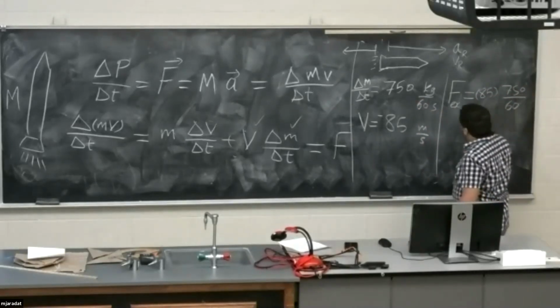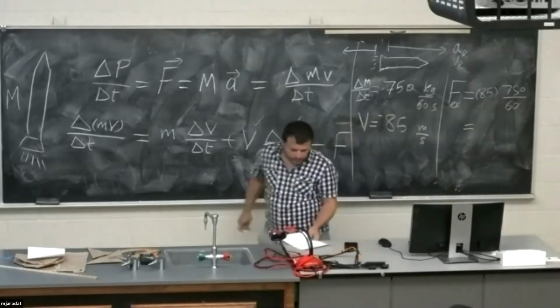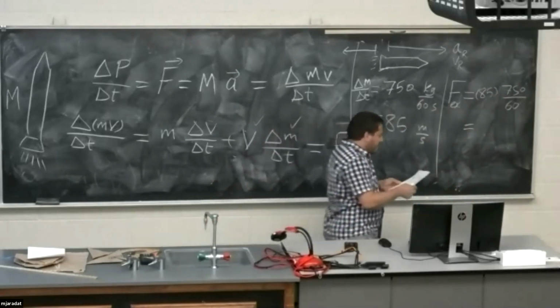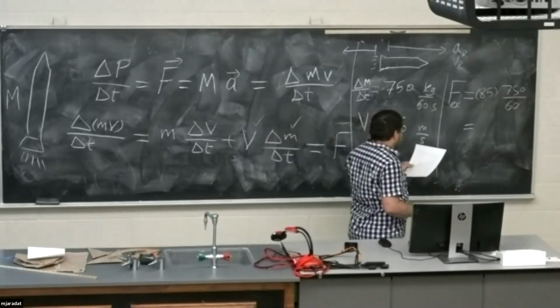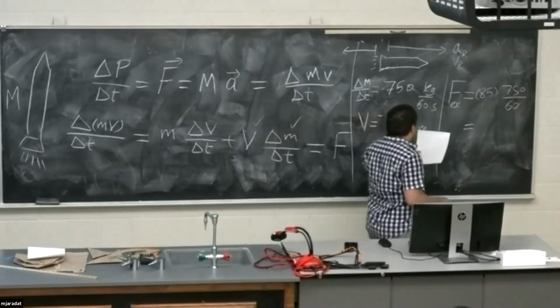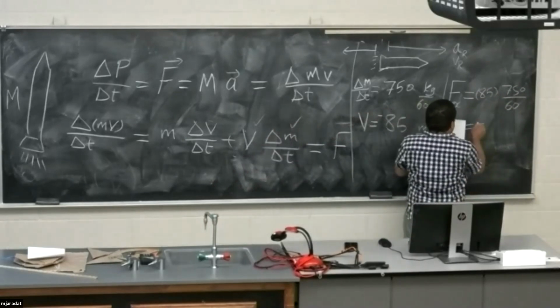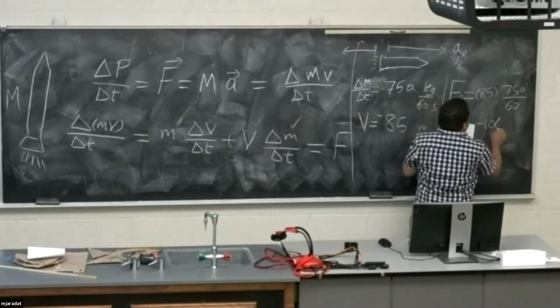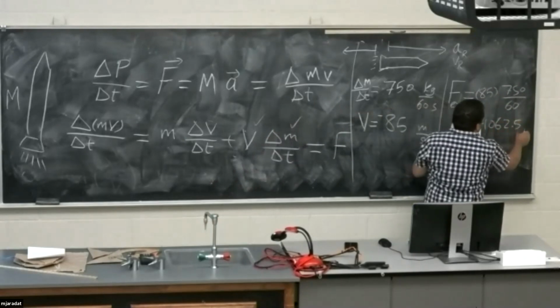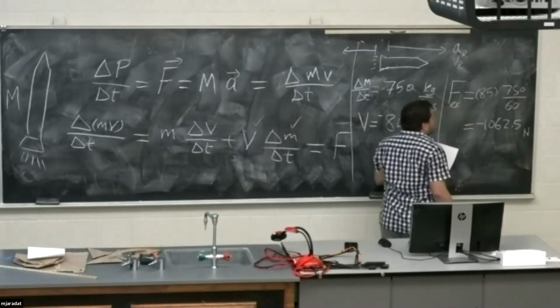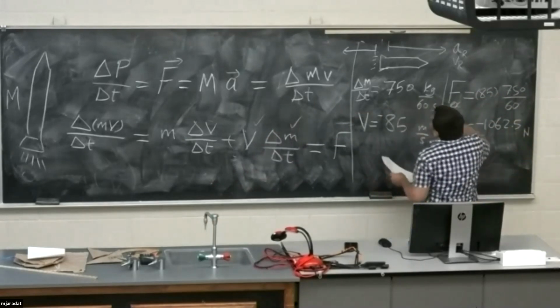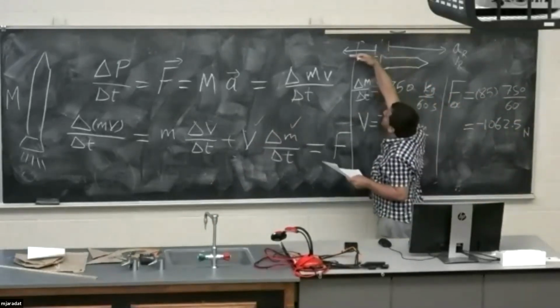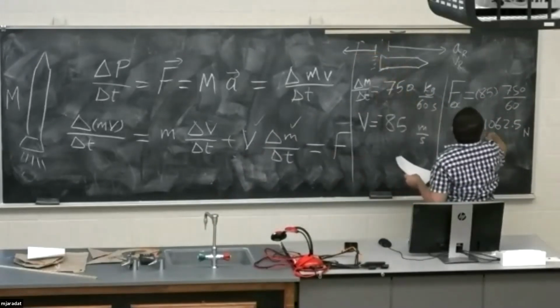This will be equal to how much the force? It's negative 1,062.5 newtons, right? The force of these things backward is this.